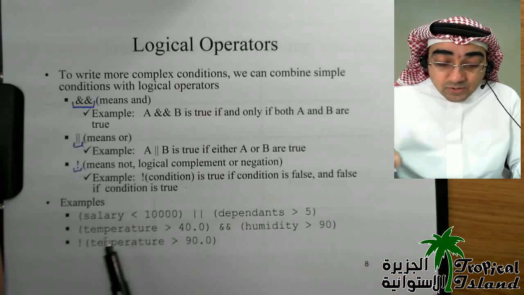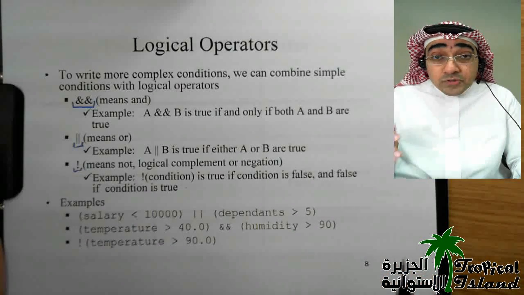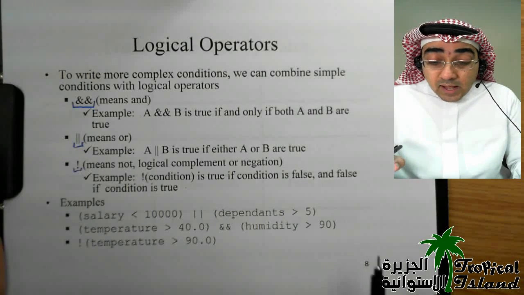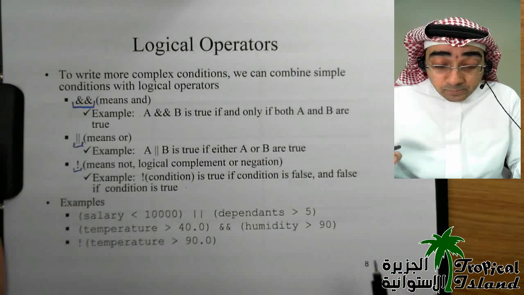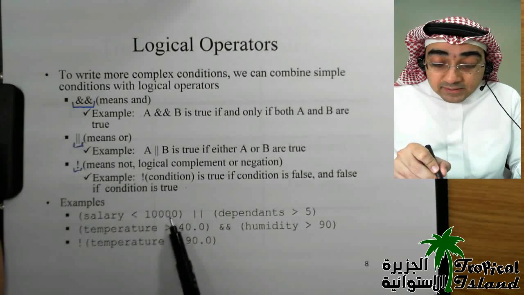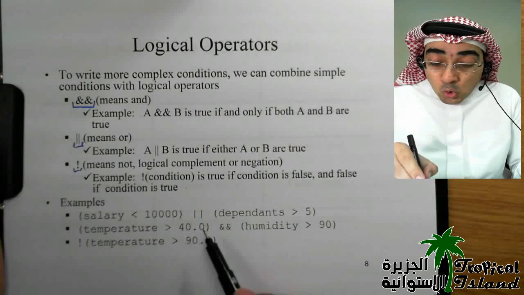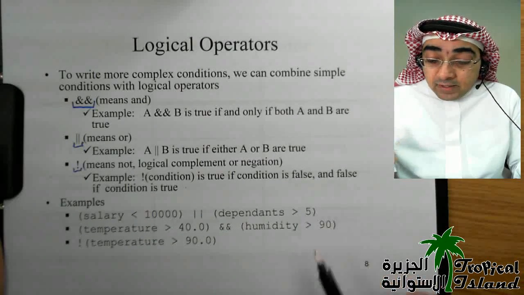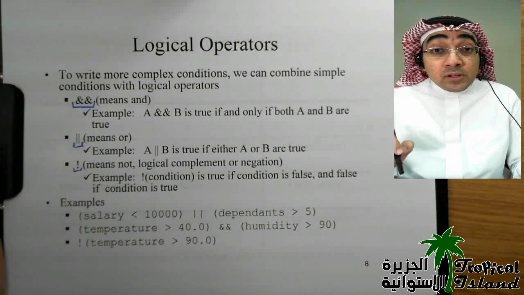So how do we use these operators? Here's an example. Suppose I'm working for the housing department of a university, and I have some rules that I have to follow. I say if my salary is less than 10,000, or the number of dependents is greater than 5, then I have to give you a large house.